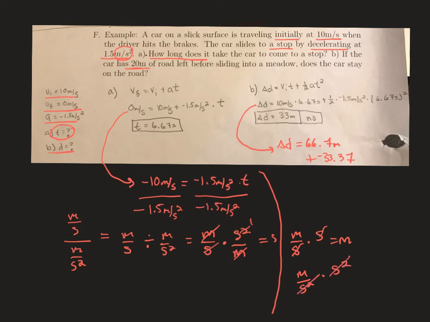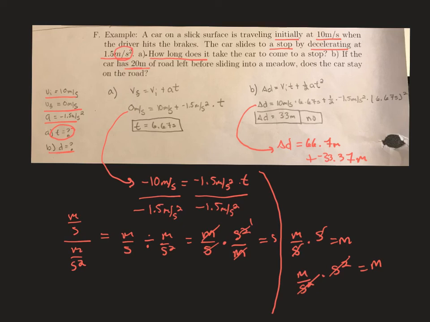So the seconds squared cancel out, and that gives us meters. So notice these terms both have units of meters. When you add and subtract, you have to have the same units. You can multiply and divide with different units. You've seen me canceling units out in the process of completing this problem, but when you add or subtract, you have to have the terms have the same units.